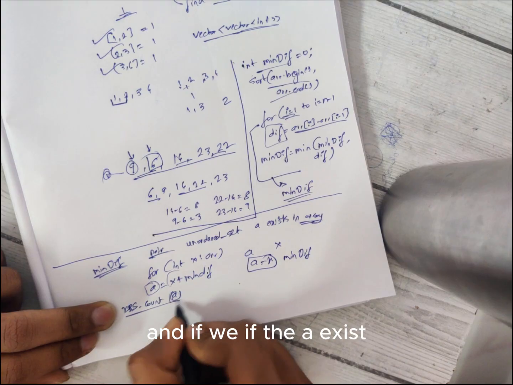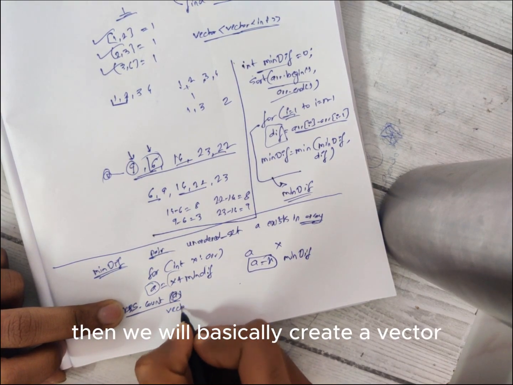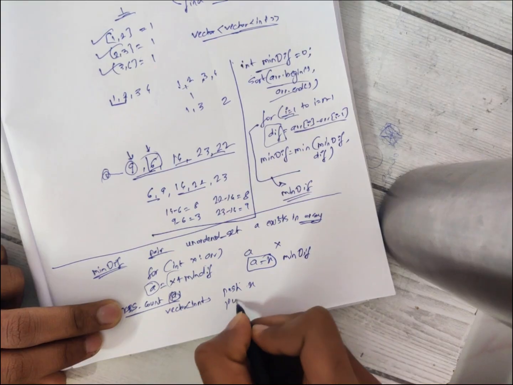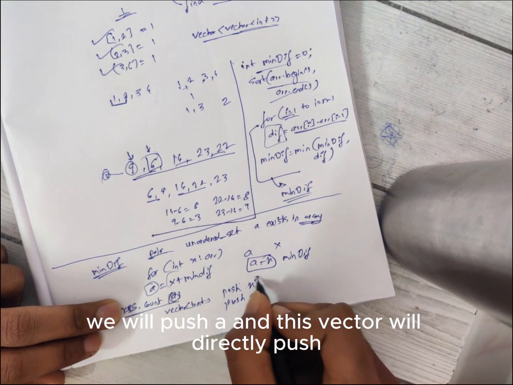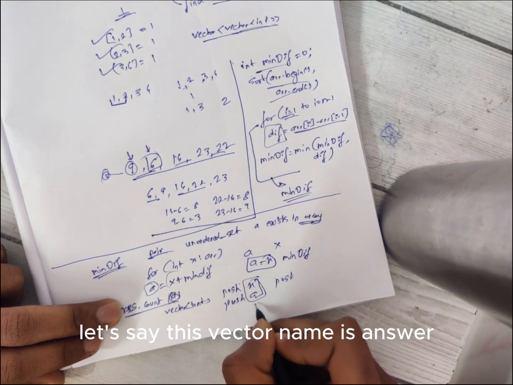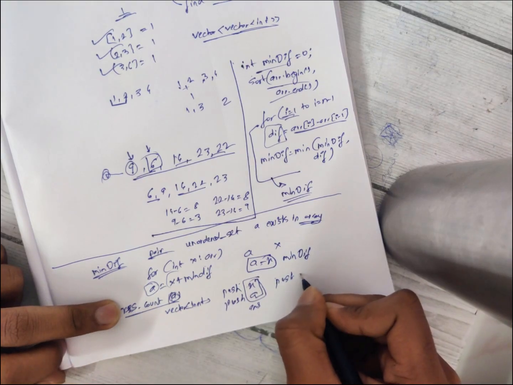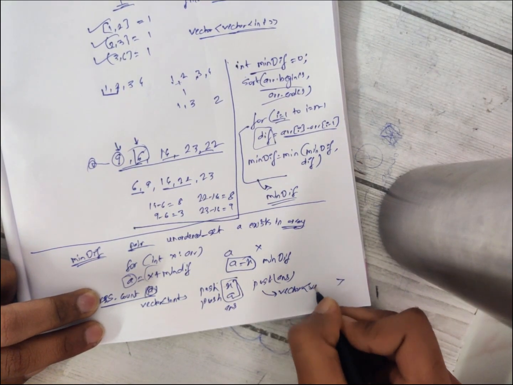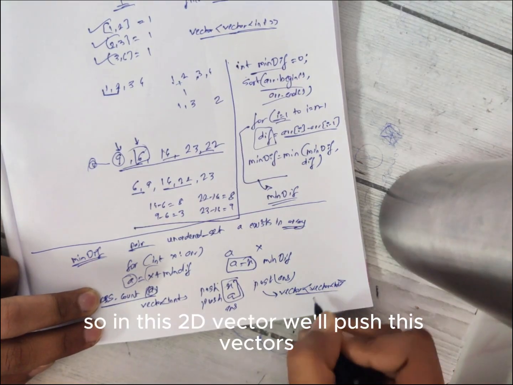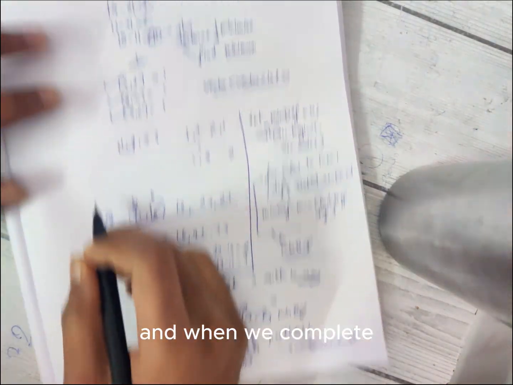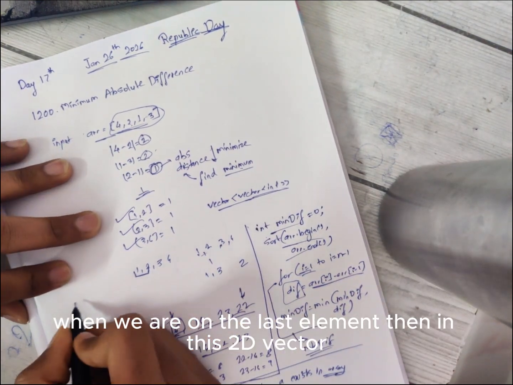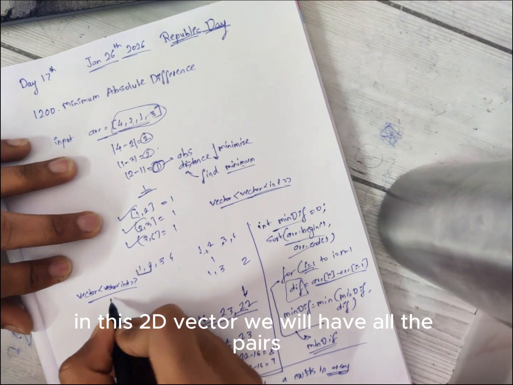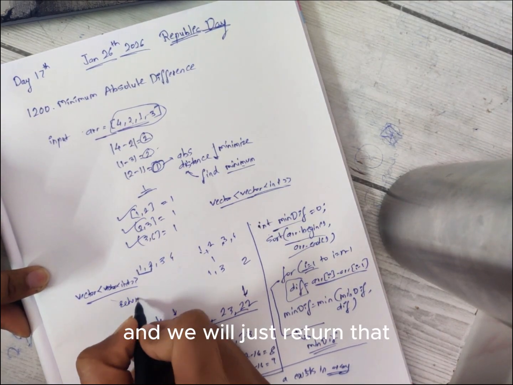If A exists, then we will create a vector, and in this we will push x, we will push A, and this vector, let's say its name is answer, we will directly push into our main vector, which is a 2D vector. So we push these vectors, and when we are on the last element, in this 2D vector we will have all the pairs and we will just return that 2D vector.